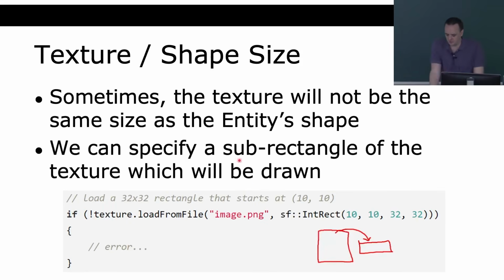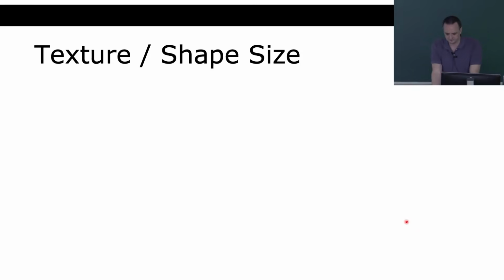So one thing that we can do is when we load a file, we can specify a subrectangle of that image file to load as this texture. This is just a helper function that SFML has built in, where I could say, okay, I know there are actually 4 or 5 different characters in this image file, but I only want to load this one. So that's one way to do it. I'll show you in a second another way to do it.